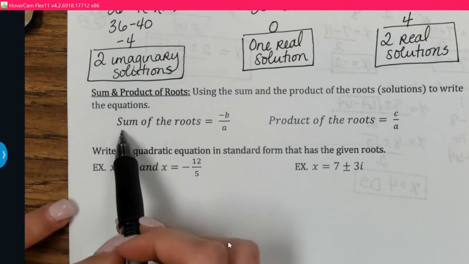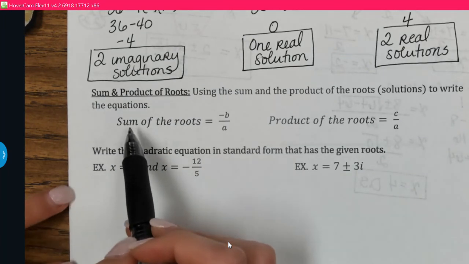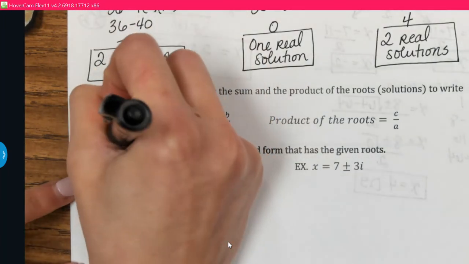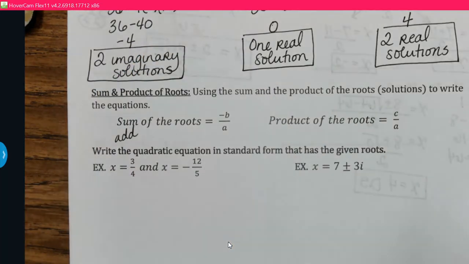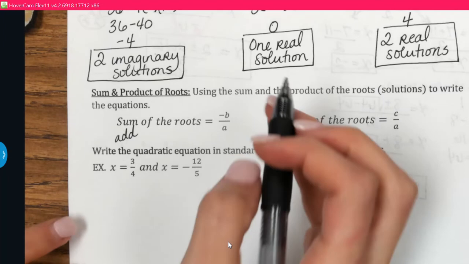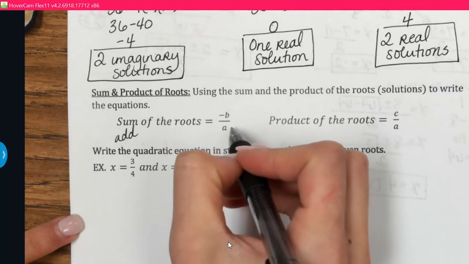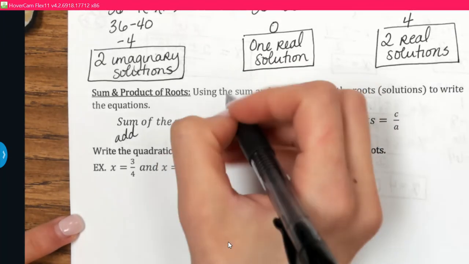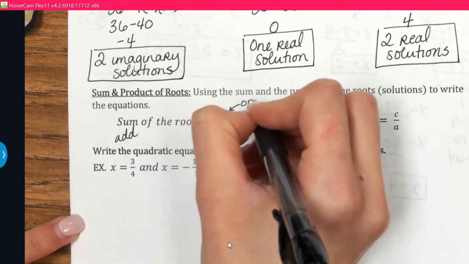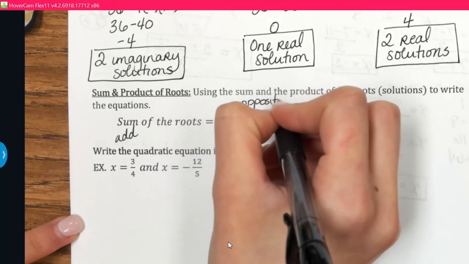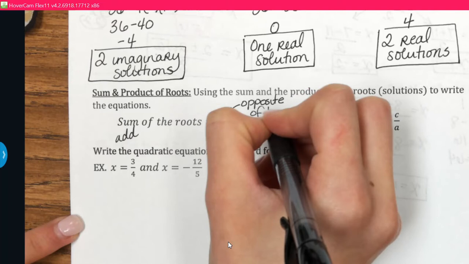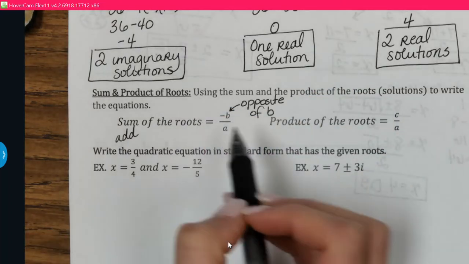So the sum means we're doing what? Adding. We're going to add the two roots. When you add the two roots, whatever you get, the numerator is the opposite of what your b is. Your denominator will be your a.